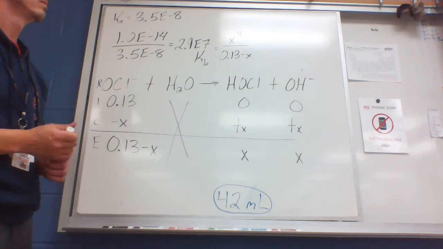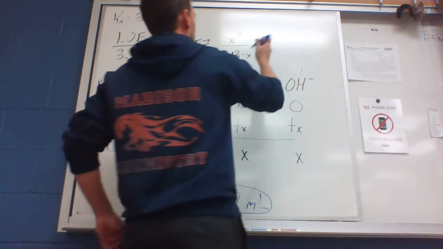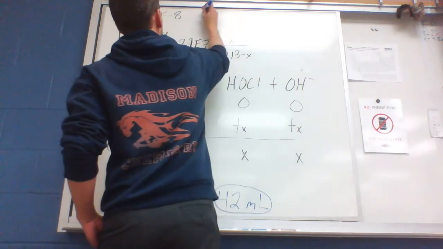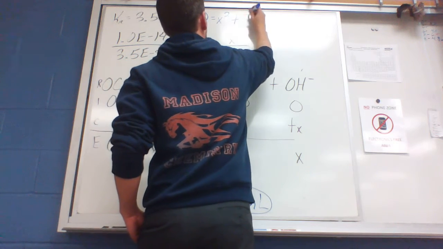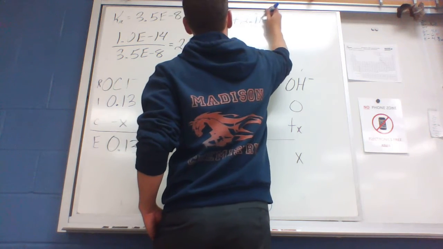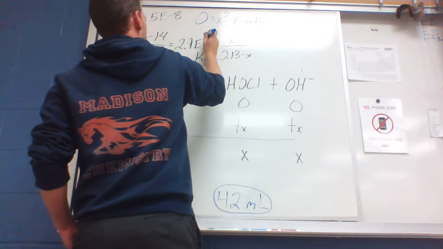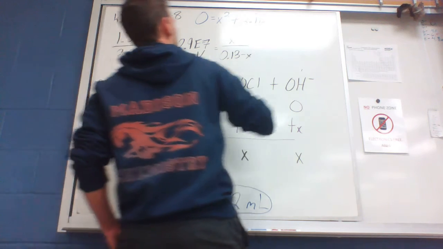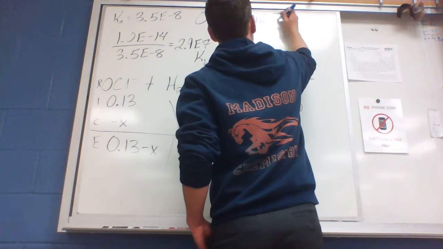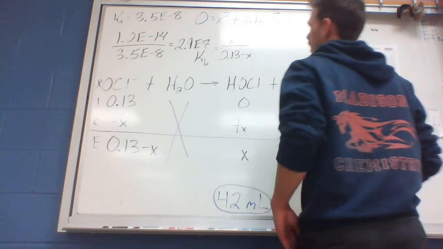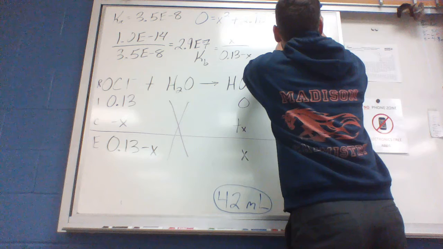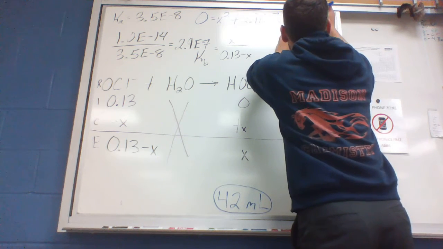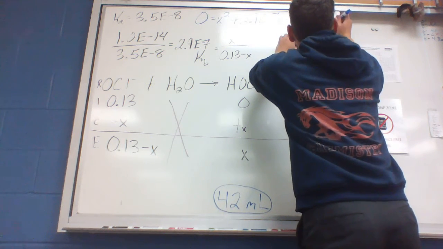It equals 3.77. All right, so we'll end up with a 0 equals equation of x squared plus 2.9 E negative 7 x minus, what do you have for a value right there, Annalise? Yes, 3.8 E negative 8.